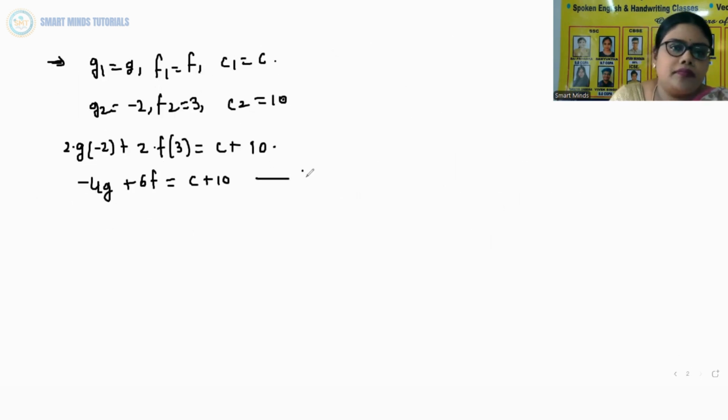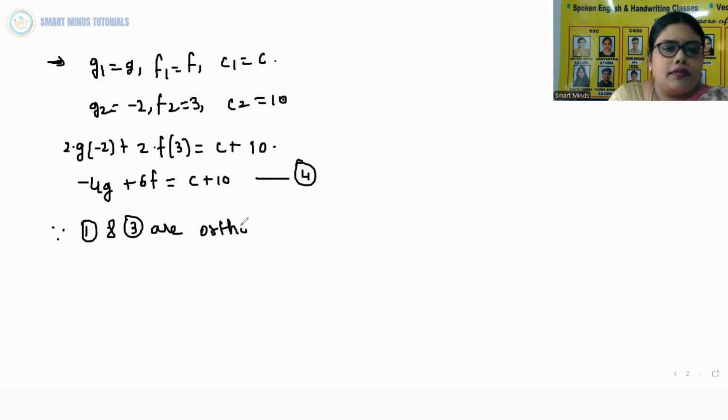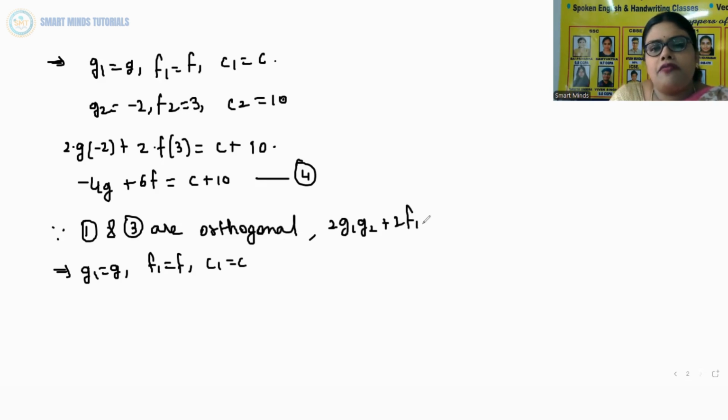4. Now in the same way, since equation number 1 and 3 are orthogonal, from the first equation g1 is g, f1 is f, c1 is c. So what is the condition since 1 and 3 are orthogonal? 2g1g2 plus 2f1f2 is equal to c1 plus c2.